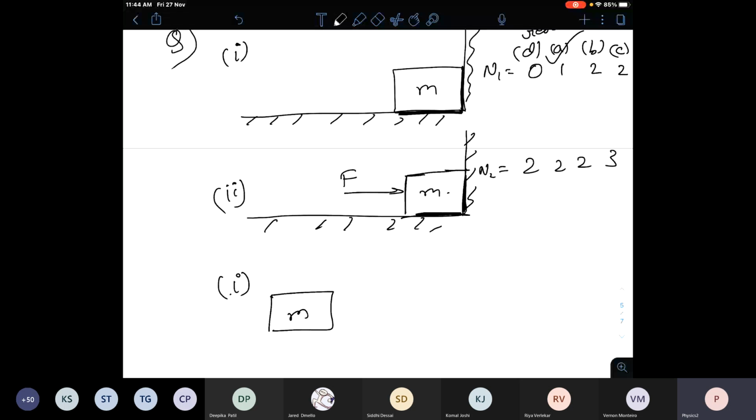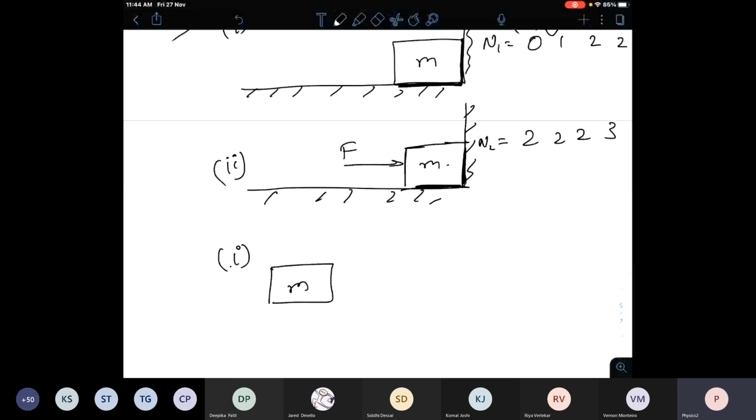There is contact. But when it applies a force mg in the downward direction, it is creating some action on the ground. That is why the ground creates a normal reaction in the upward direction, in the opposite direction.